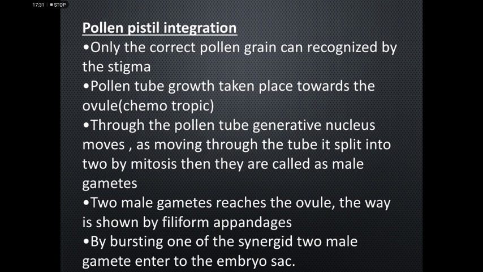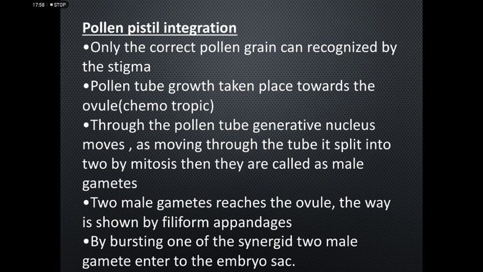If the same plant's pollen reaches the stigma, it can't germinate, which is called self incompatibility. And if another species' pollen grain reaches the stigma, that also can't germinate. So only the correct pollen can germinate. Pollen tube growth takes place towards the ovule, which is chemotropic.